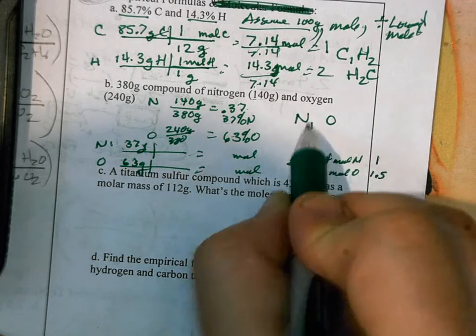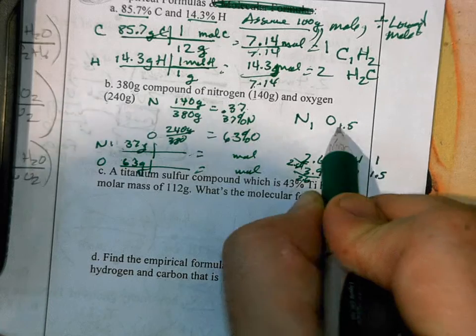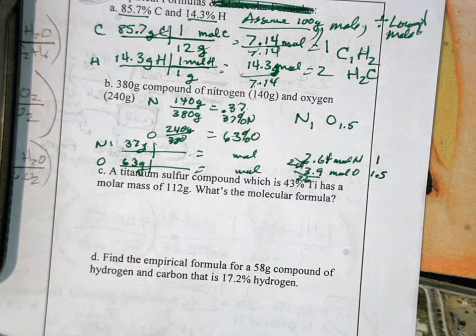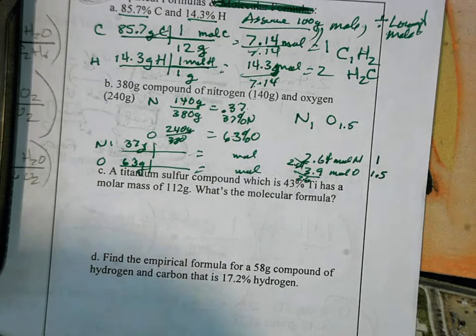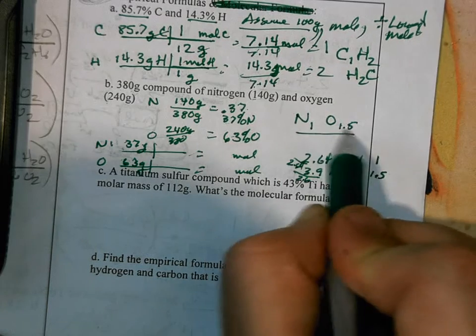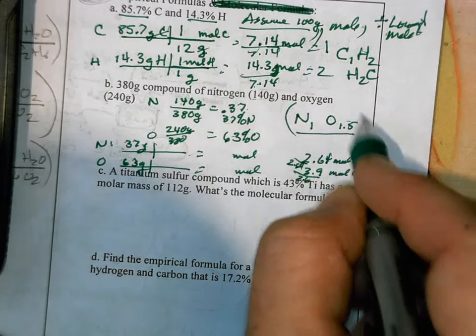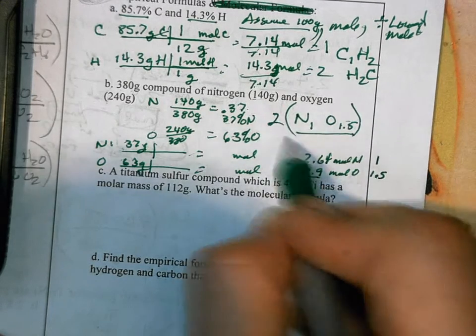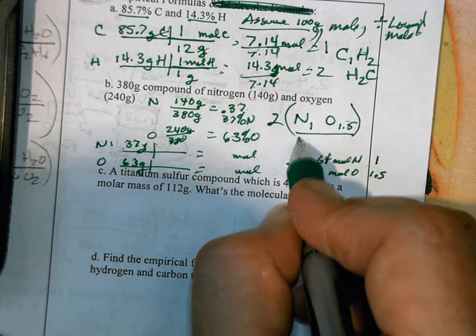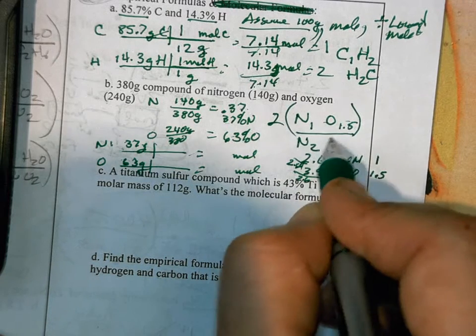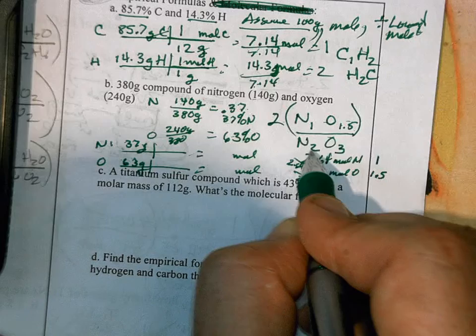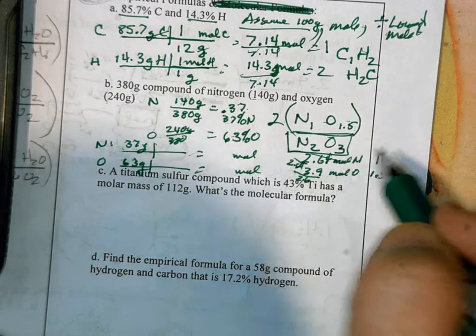It's okay to have 1 nitrogen. We cannot have 1.5 oxygens. That is not allowable. So what you have to do is, if you end up with a 0.5 here, we need to multiply this by 2. So that'll distribute, and that'll become N2O3, which is what the empirical formula would be for that one.